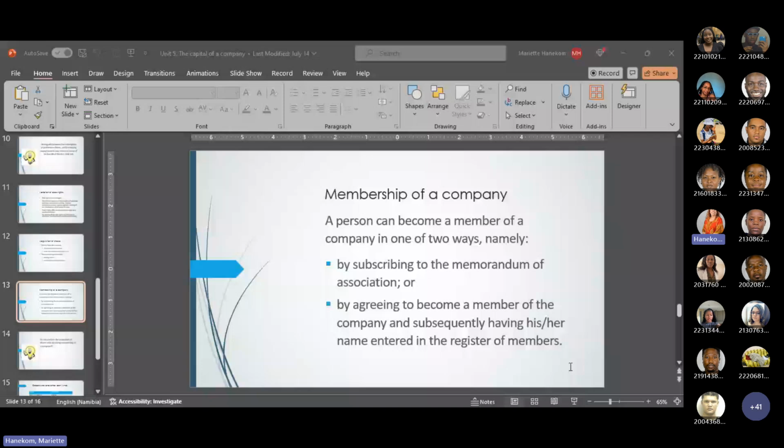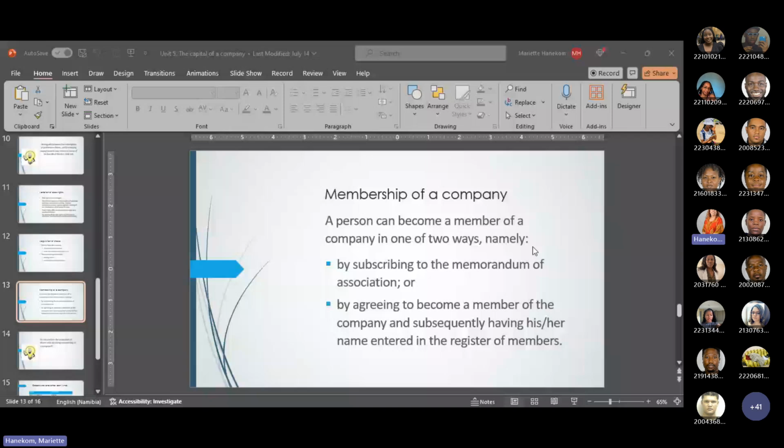Okay, let's go back to what I was saying here. I said that all shareholders are members, but not all members are shareholders. And I'm going to ask you in your first test to discuss or explain this. What do I mean?